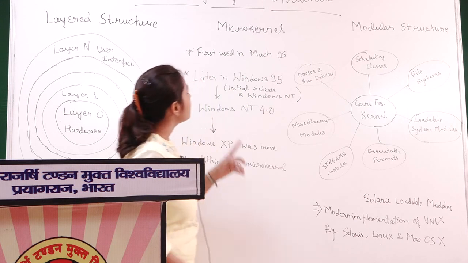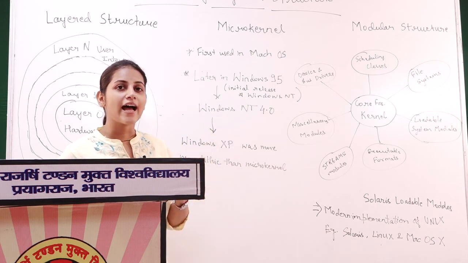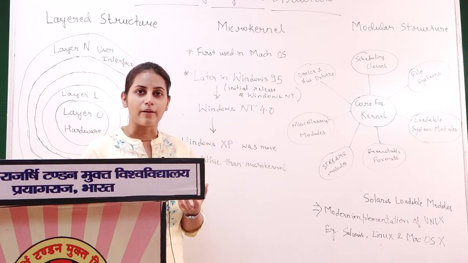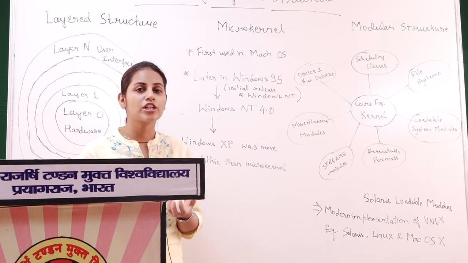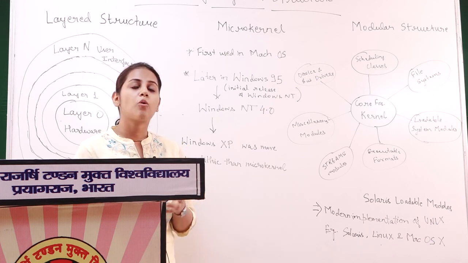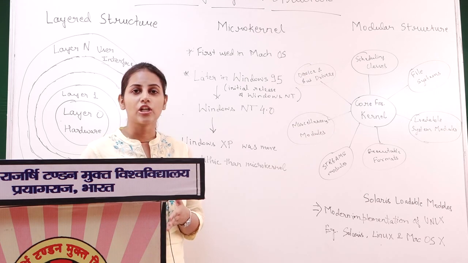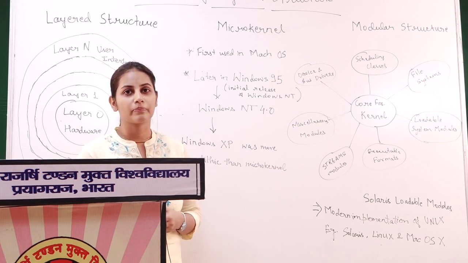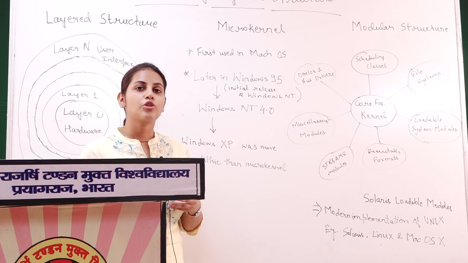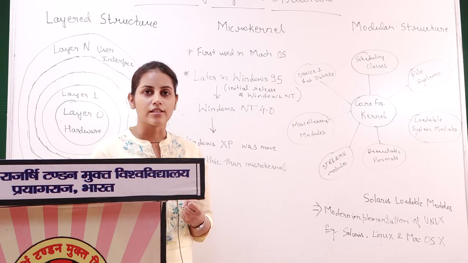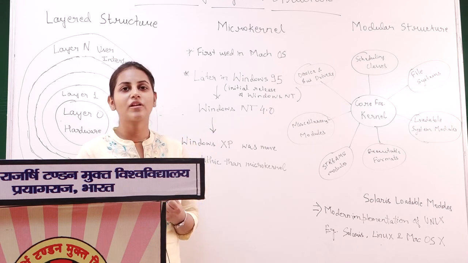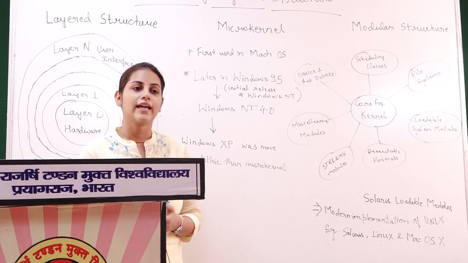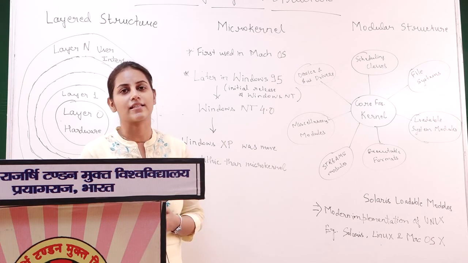Also, in microkernel systems, all the user level programs or the functionalities associated with the user programs were required to communicate with each other through message passing. In message passing, when two functions or two processes communicate with each other, they send and receive messages.